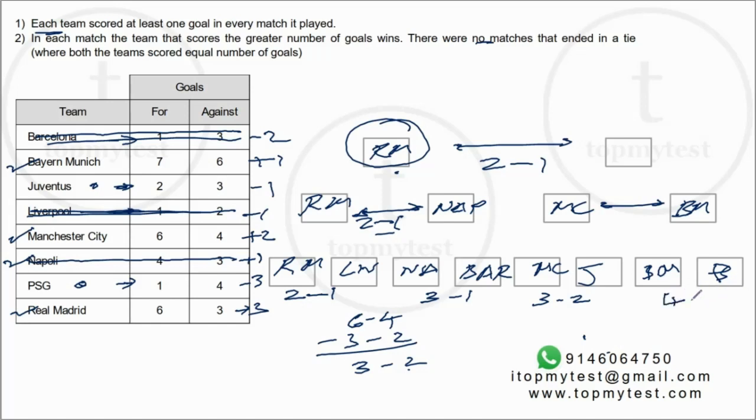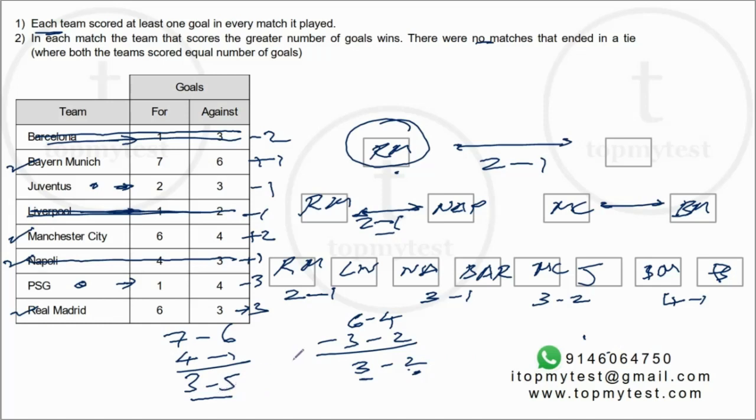It will beat PSG 4-1. PSG lost 4-1. So in the remaining matches, the net score will be 3 and 5. So let's see what can be the result of the Manchester City Bayern Munich match. In the remaining matches, Bayern Munich has to score 3, concede 5. Similarly, Manchester City has to score 3, concede 2.